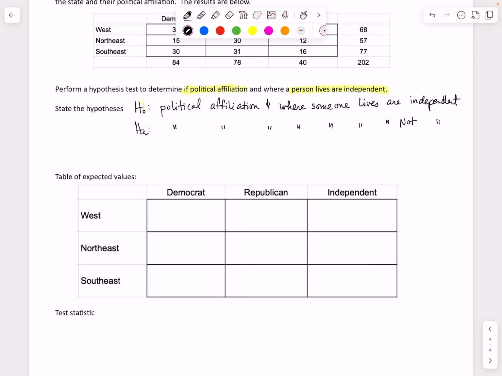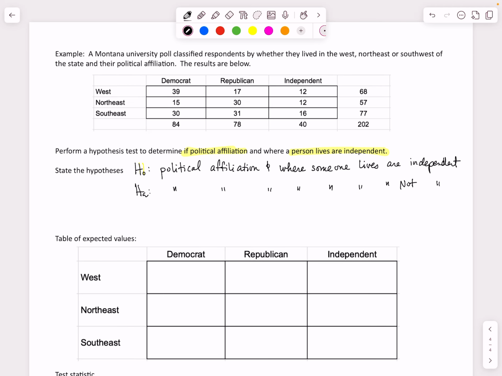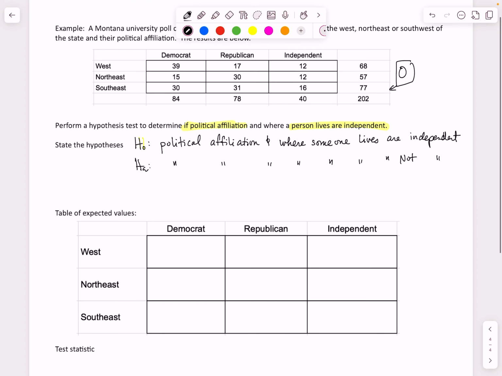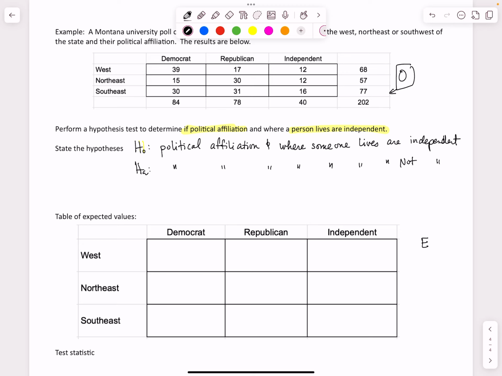So what we're going to do is this is what we actually observe. So these were the observed. So what do we expect? For this one here, we need to take the row total, which is 68, and the column total, which is 84.